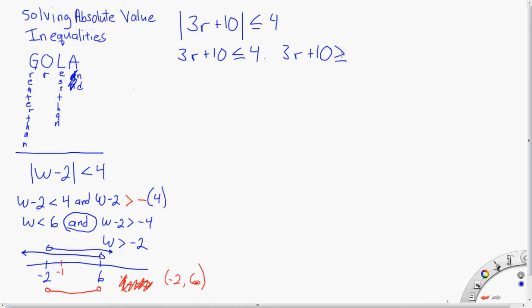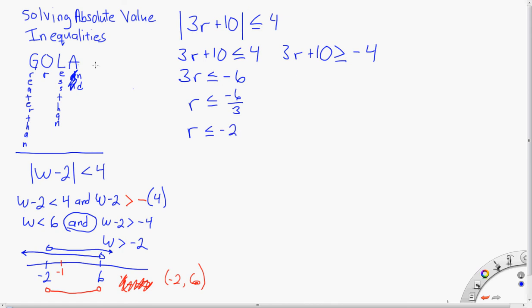Was a positive 4, it's now negative 4. So we solve this. 3r is less than or equal to 4 minus 10, which is negative 6. R is less than or equal to negative 6 over 3. So R is less than or equal to negative 2.